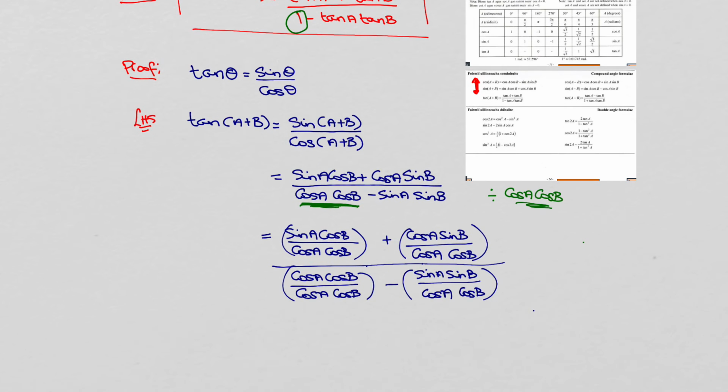And then we just need to simplify. So cos A divided by cos A is 1, cos B divided by cos B is 1. Okay, well, what's sine A over cos A on the top line there?